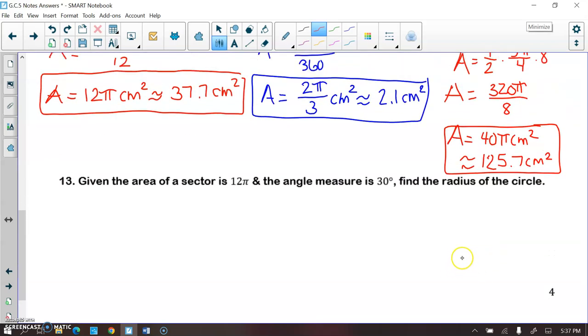All right, number 13. This time we're given the area of the sector, which is 12 pi, and the angle measures 30 degrees, and we want to find the radius. So I'm going to use the formula A is equal to, my angle was given in degrees, so I'm using this formula.